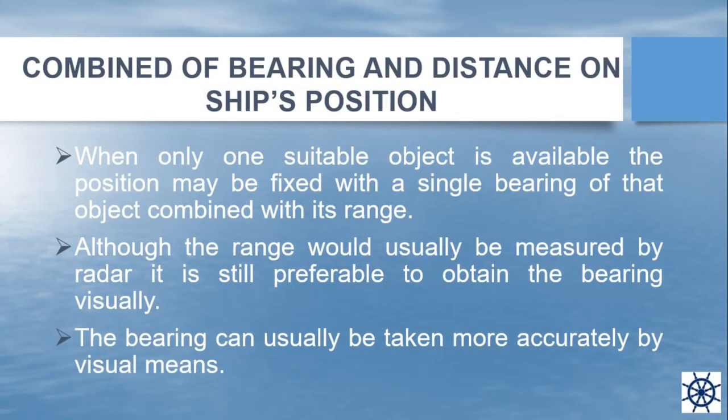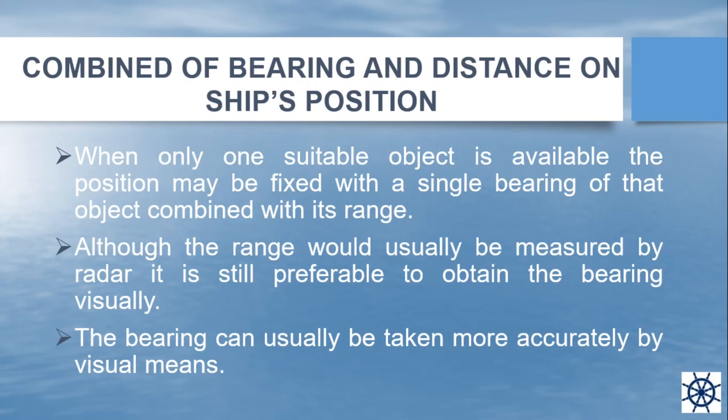Furthermore, a combination of bearing and distance on the ship's position. When only one suitable object is available, the position may be fixed with a single bearing of that object combined with its range. It is almost the same as sounding and transit bearing.